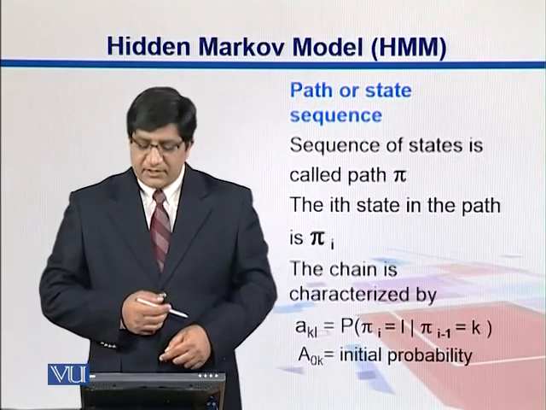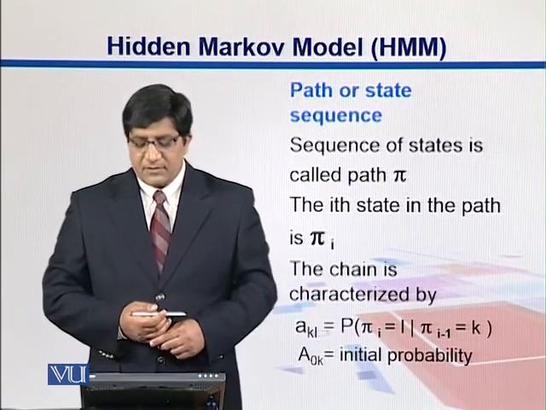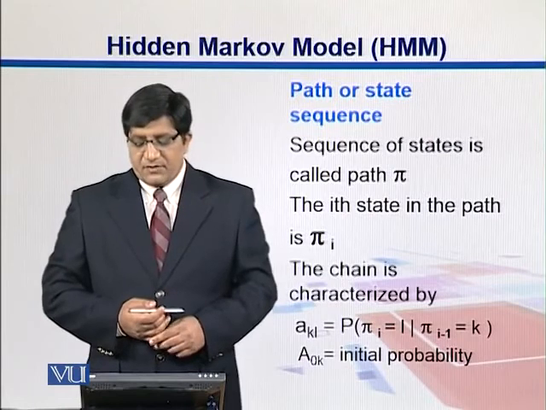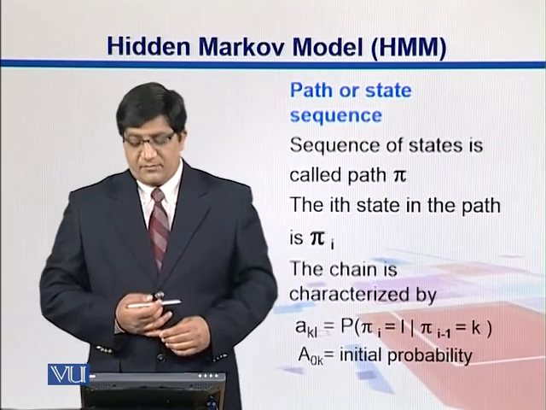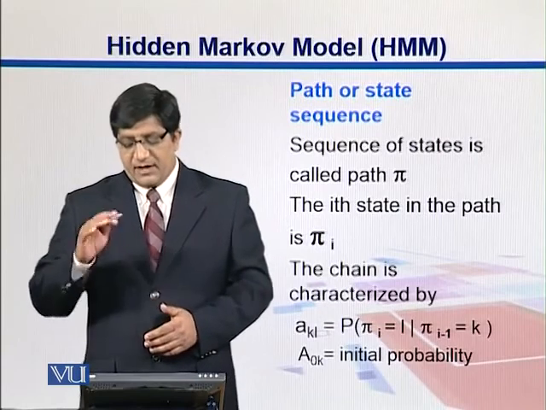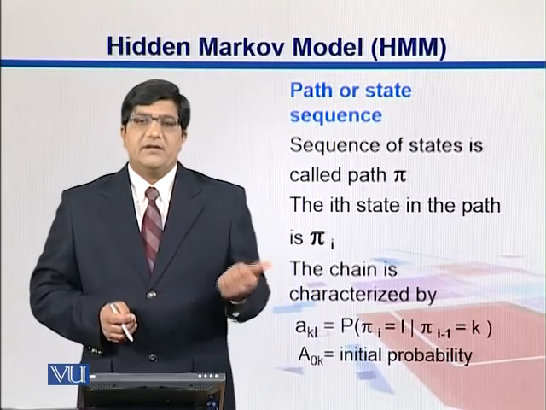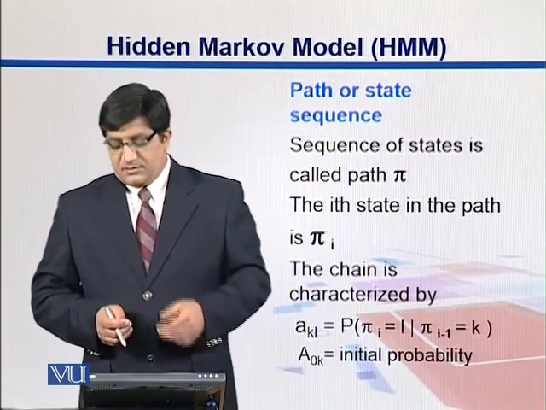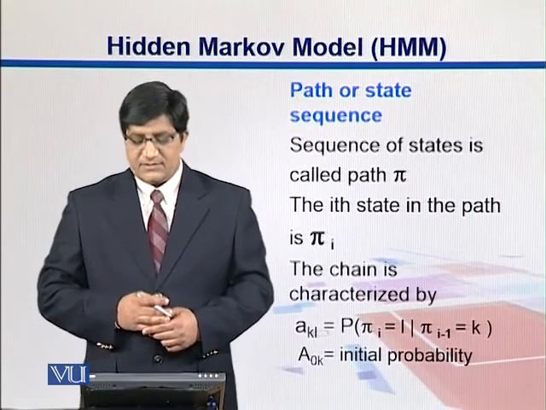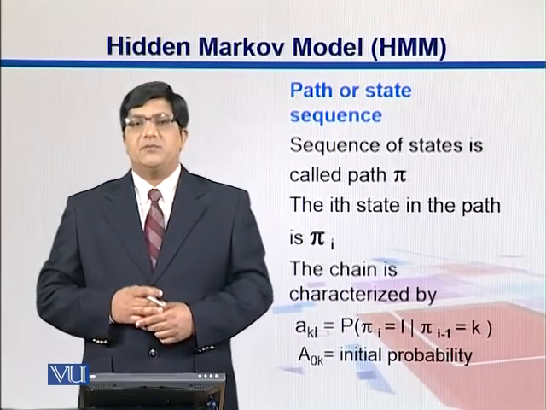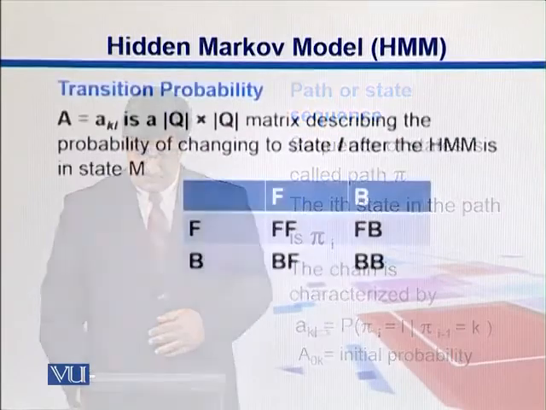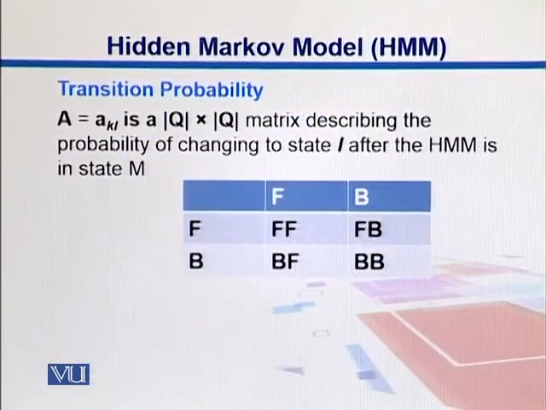The overall chain can be characterized by these transitions. So we have a state transition moving from state k to l. That can be taken as the probability of pi_i equal to l, while at the i minus 1 state, one step behind, the state was k, whereas a_0k represents the initial probability of starting with k. The transition probabilities are given by a transition matrix, with all the states in the rows and columns. It is moving from one state to another.